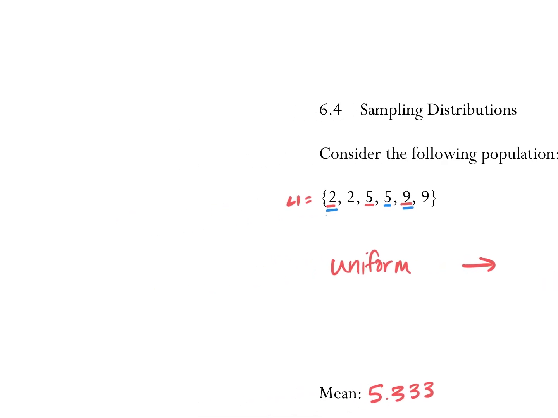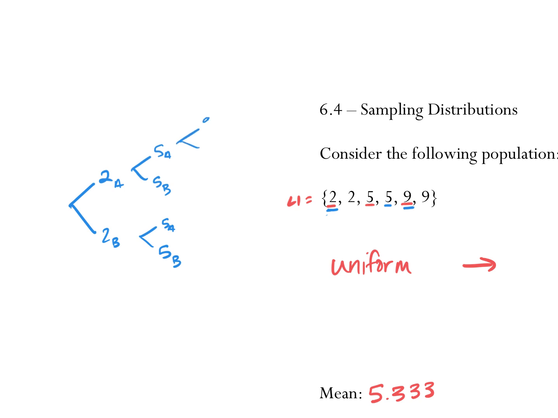Let's see. It would look kind of like this, right? I'm going to call this 2A and 2B. Is everybody with me? And then if I have 2A, I could have 5A, 5B. Does this help to visualize it? And then 9A, 9B for each of these.